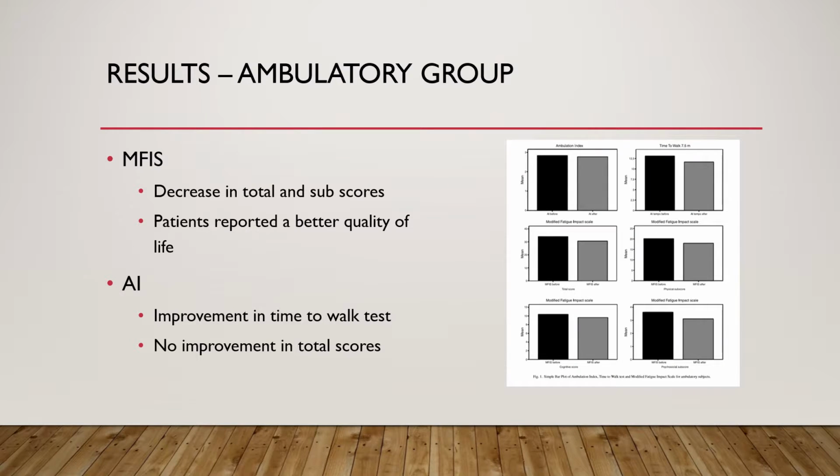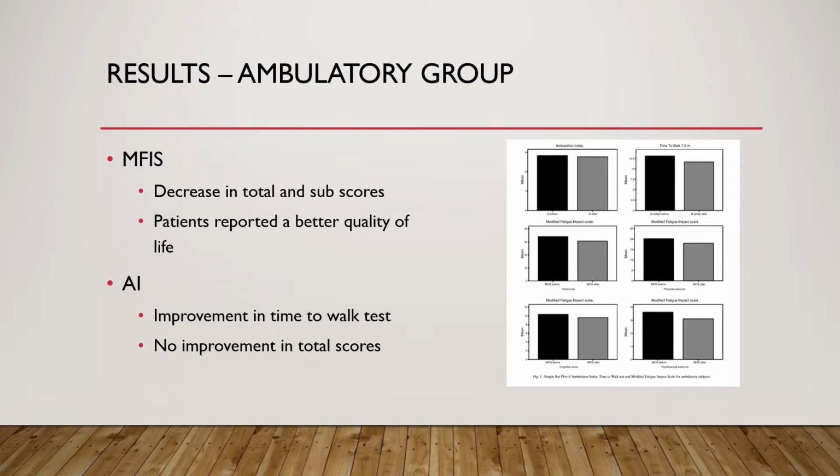So the results for the ambulatory group only, you can see on the right is a chart actually pulled directly out of the text from the study. The top 2 up here are your 2 for your ambulatory index, and these 4 down here are your ones for the Modified Fatigue Impact Scale. So to start with the Modified Fatigue Impact Scale, their total score as well as their subscores decreased.